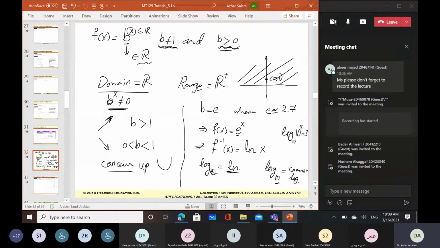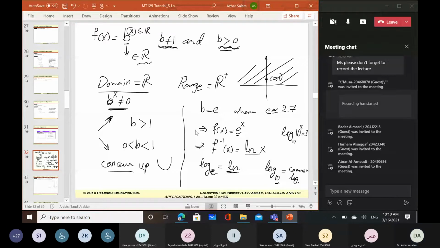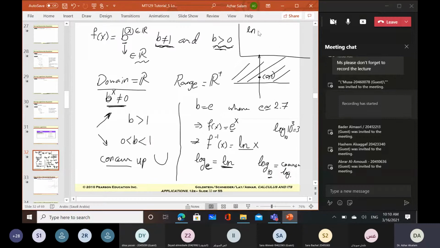Also, we talked about some properties for ln and logarithms in general. Maybe the most important one is that ln of e to the power x is equal to x. ln cancels with e.